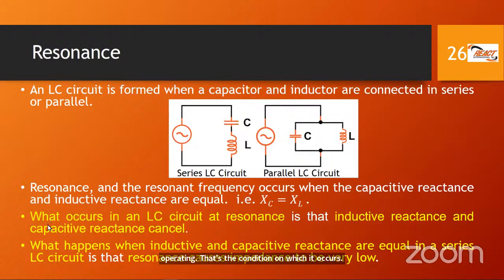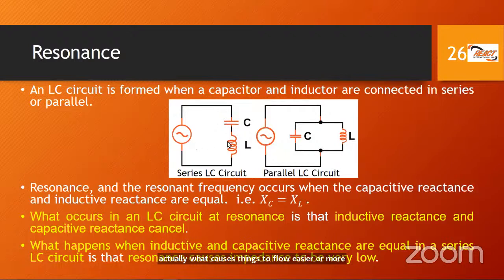And for the exam, you need to learn that what occurs in an LC circuit at resonance is that the inductive reactance and the capacitive reactance cancel each other. In other words, they're equal and they cancel. So that's actually what causes things to flow more easily.